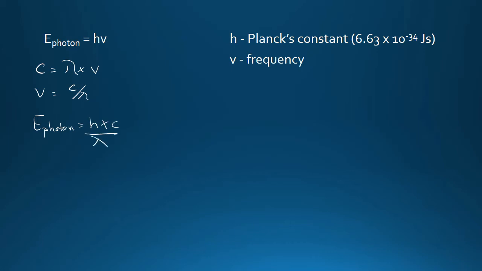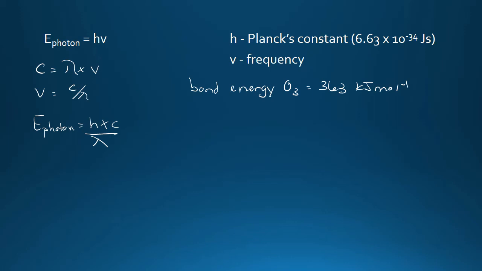If we know that the bond energy of ozone is 363 kilojoules per mole, we can figure out what wavelength of light breaks the ozone bonds. We can do this with O2, with Cl2, with water, and so we can understand the effect of radiation on any compound, which has numerous different applications.